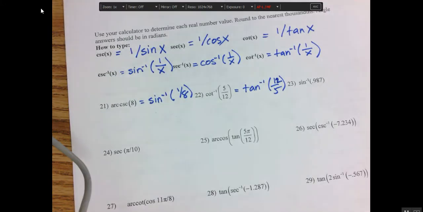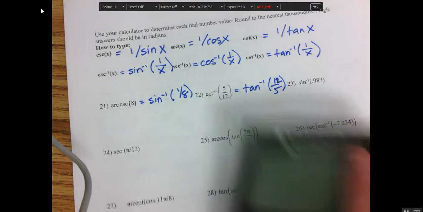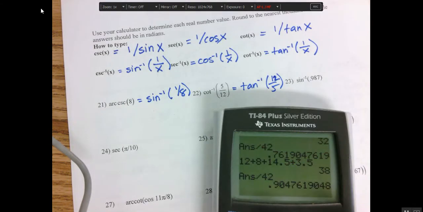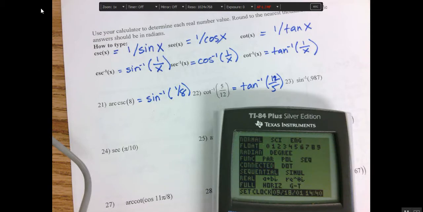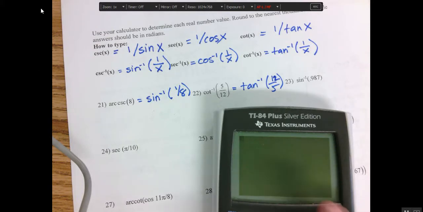All right, so you need to grab your calculator and make sure you're in radian mode. Press mode. If you're in radian mode, you're good to go. I'm going to type second sine, 1/8.